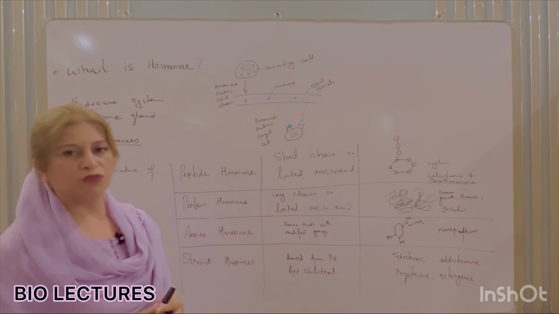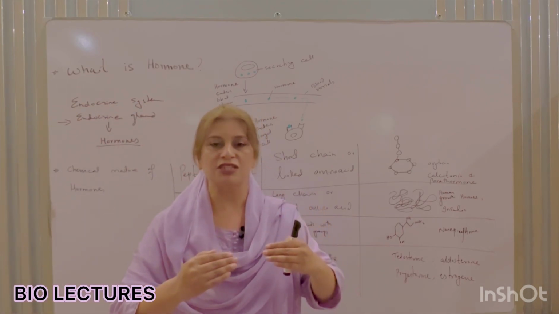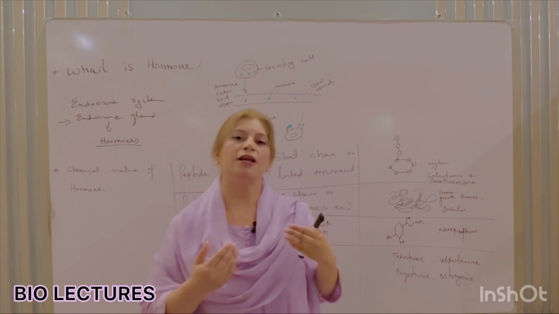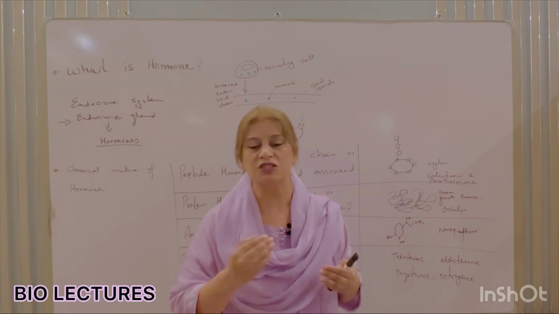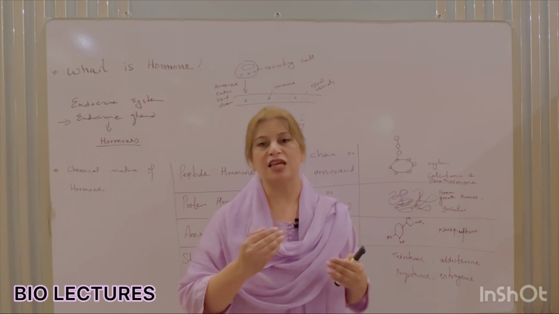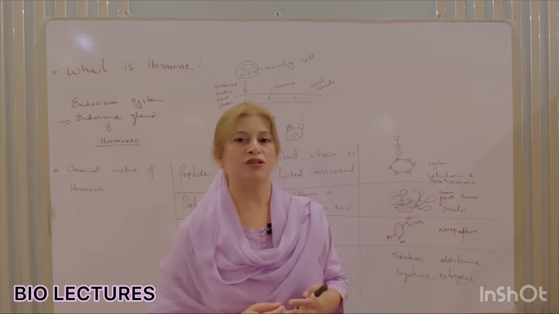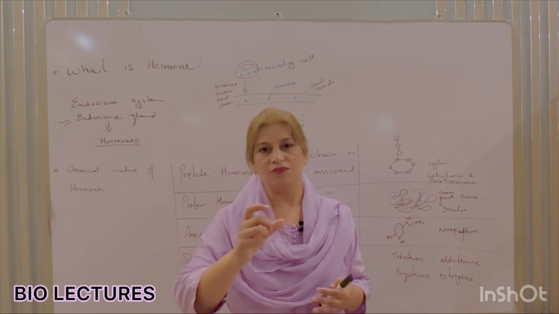As I told you, a hormone, which is secreted from the endocrine gland, which is part of the endocrine system, is actually a chemical messenger, an organic substance which acts as a chemical messenger. Hormones are produced inside a gland.